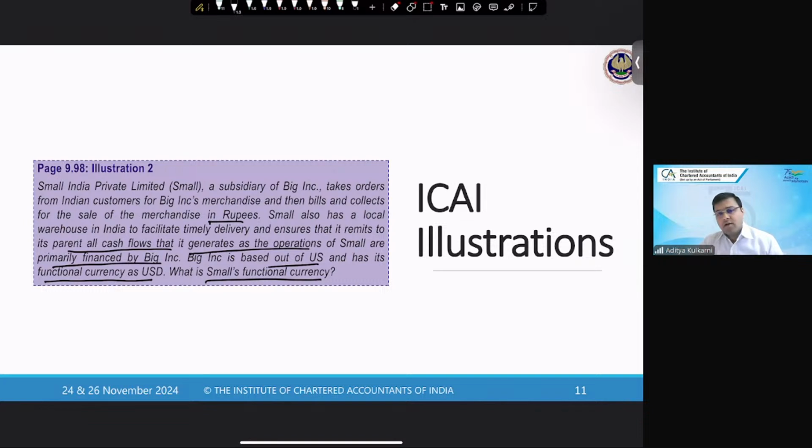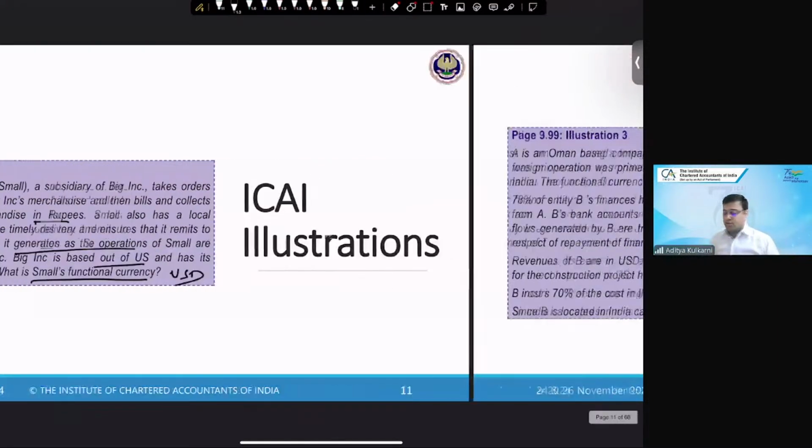Dollar, obviously. Because what they have said is all cash flows go back to the parent. Operations of Small are financed by Big INC. So since all of that is given, your functional currency is USD.